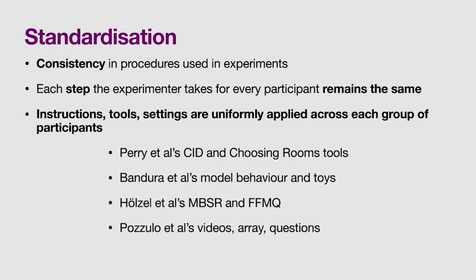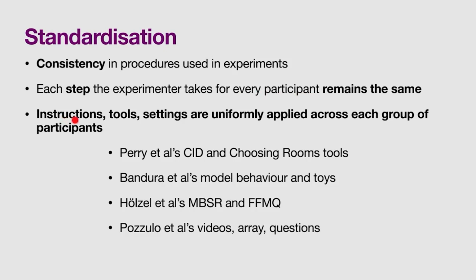Now we talk about standardization, which you'll remember is very important for our idea of reliability. Now, standardization simply is that every single procedural step that is used in an experiment has been consistently applied to every participant. It remains the same for each participant.